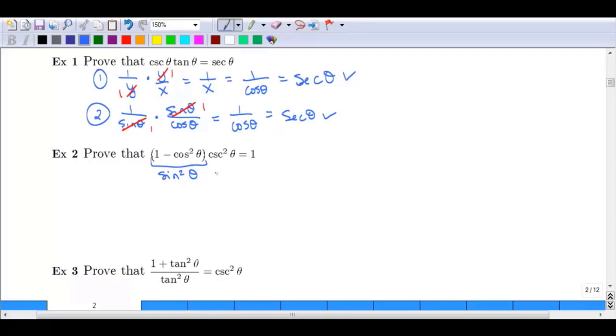So we can replace that with sine squared, and then we have cosecant squared of theta. Well, cosecant is 1 over sine, so we have sine squared of theta times 1 over sine, and this is squared, so it would be 1 over sine squared of theta. Again, sine squared of theta divided by sine squared of theta is 1, so we end up with 1, which is what we wanted.